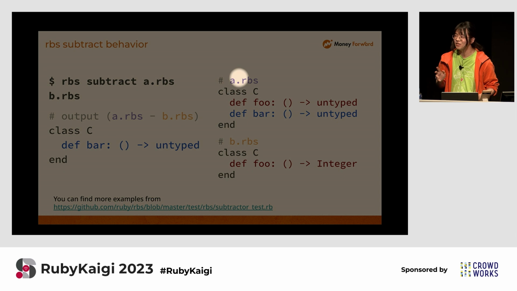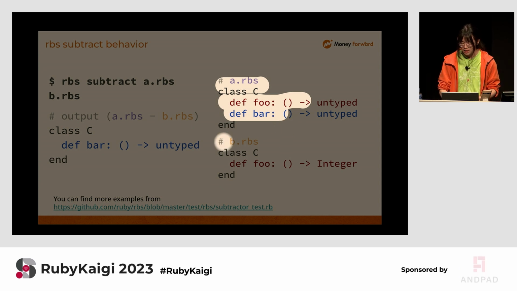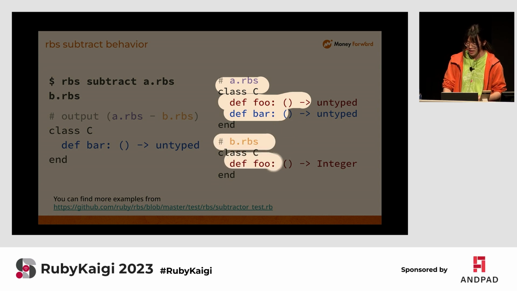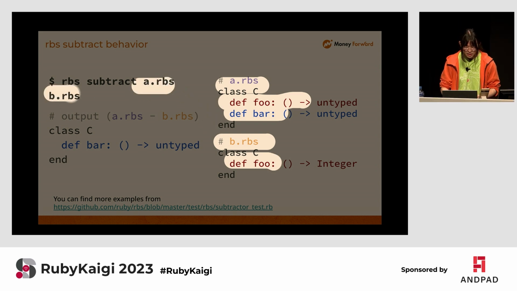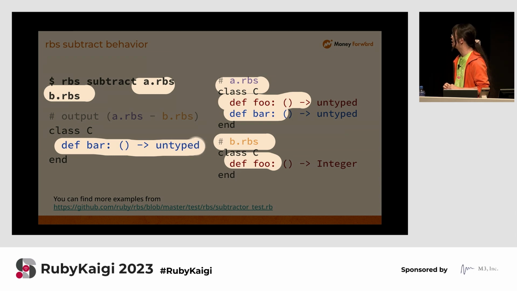This code, a.rbs, has foo and bar methods, but b.rbs only has the foo method. In this case, rbs subtract a.rbs b.rbs outputs a.rbs minus b.rbs, so the content only has the bar method.